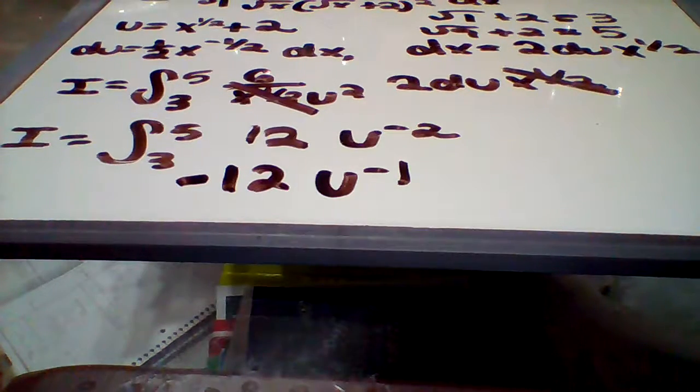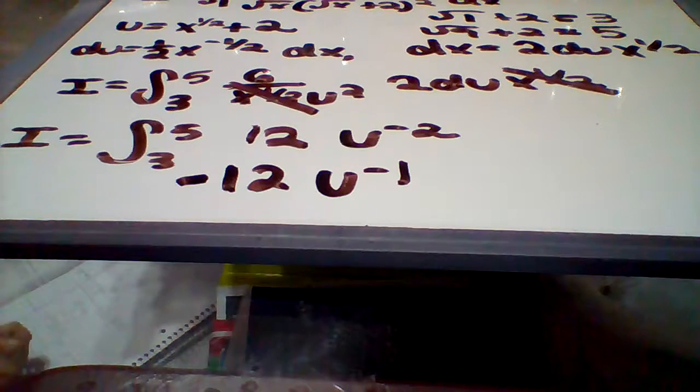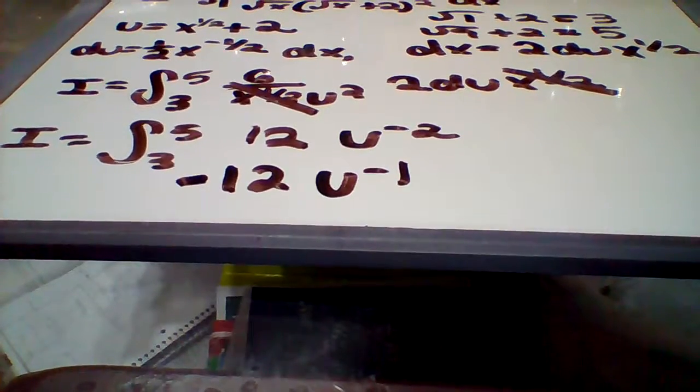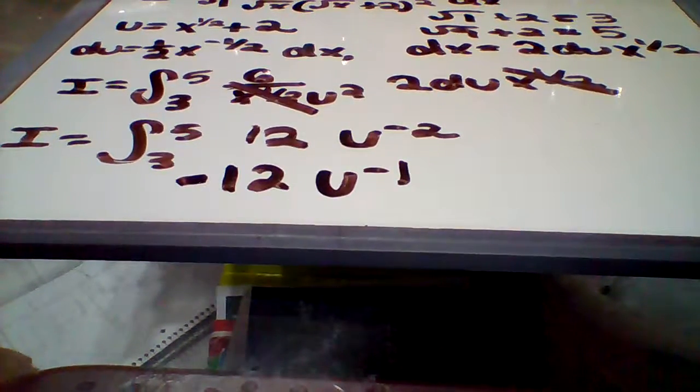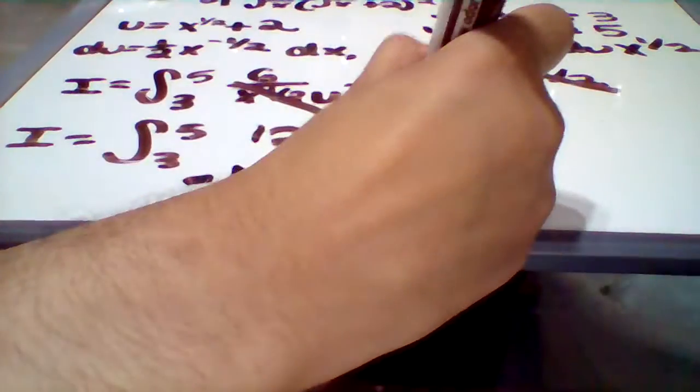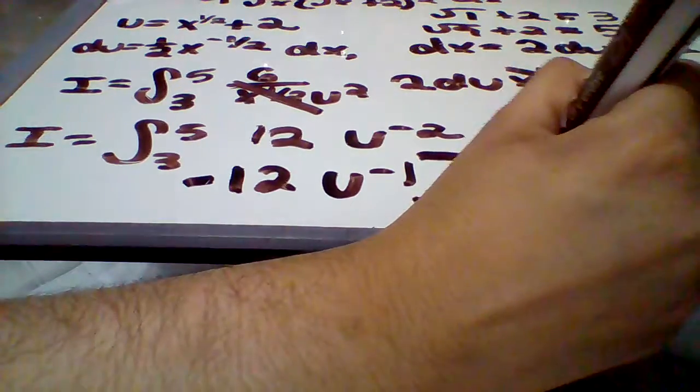So that would just be negative 12 u to the negative 1, from 3 to 5.